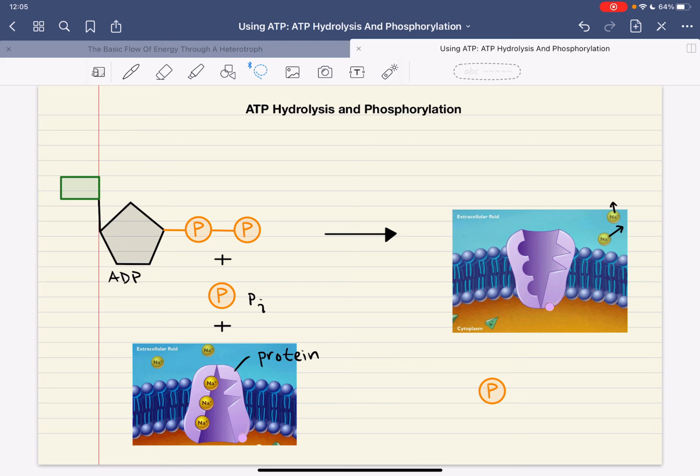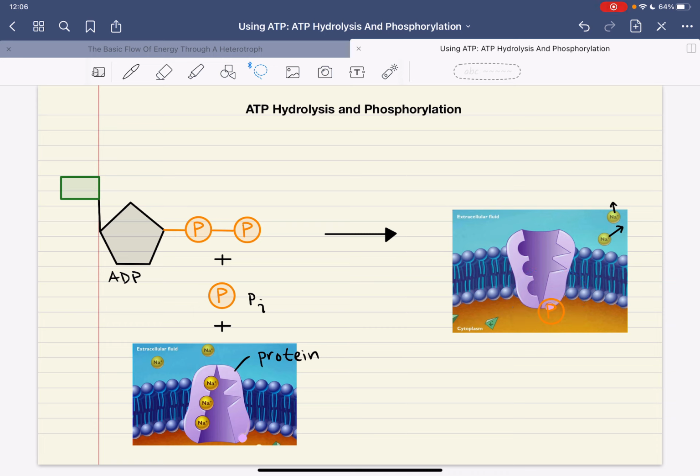That phosphate group that was removed from ATP gets delivered elsewhere. That elsewhere, again, is usually a protein. So we're going to show that. We're going to plop that phosphate group directly onto that protein.